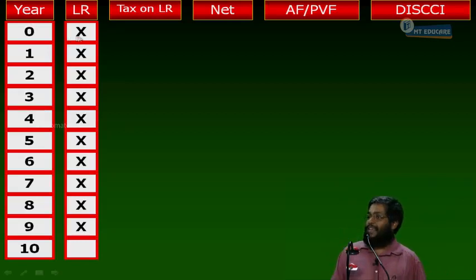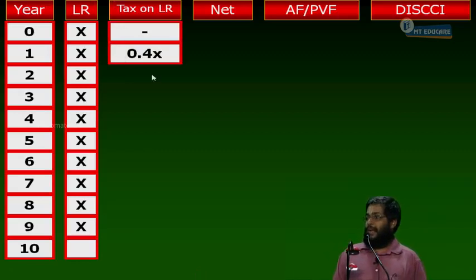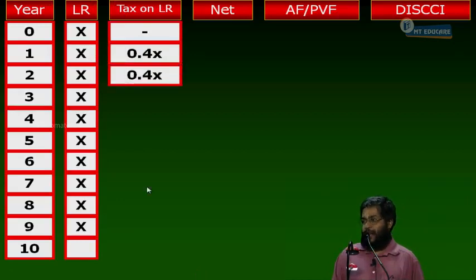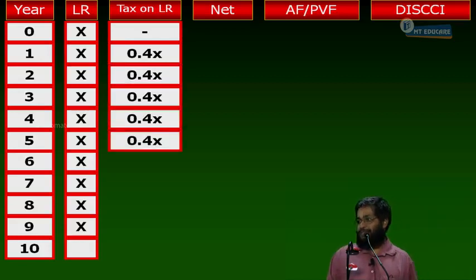In that case, X is a lease rental today, and the tax is at the end of the year. How much do I pay as tax here? 40%, that is 0.4X. First year lease rental, I pay the tax in the second year, 0.4X, 0.4X, and so on.